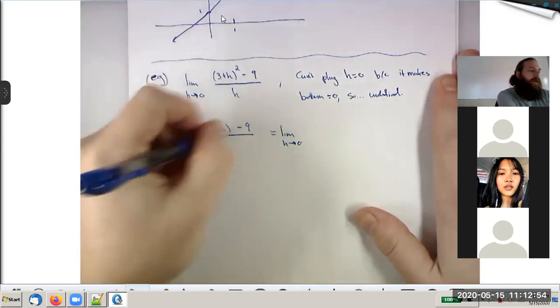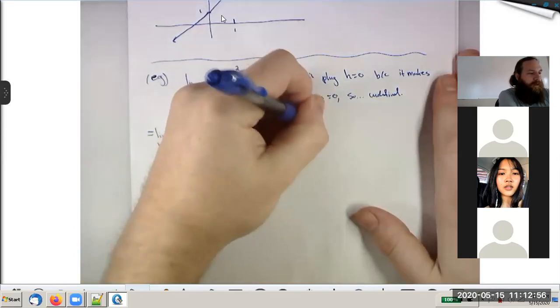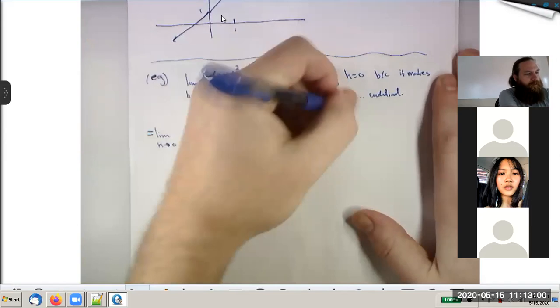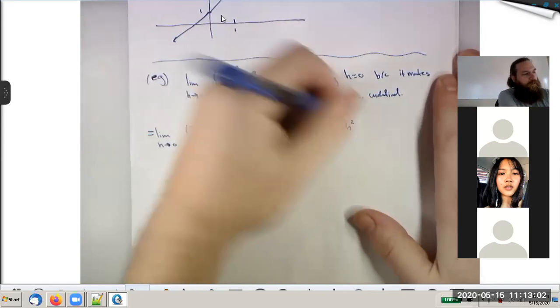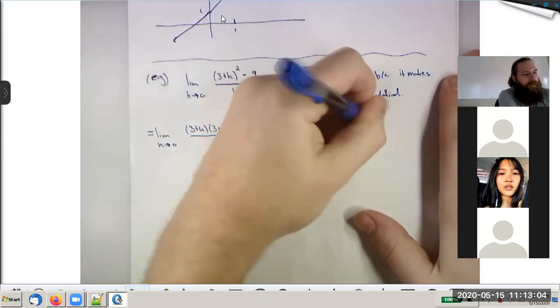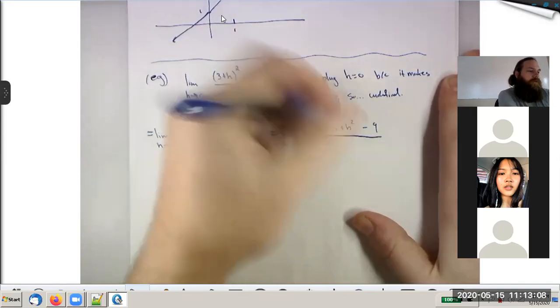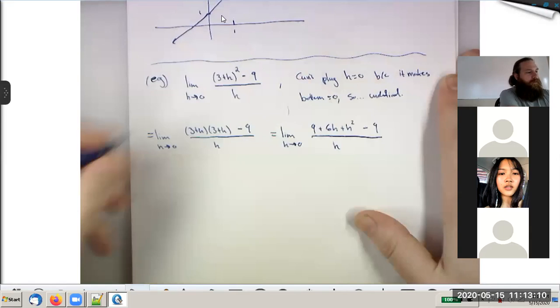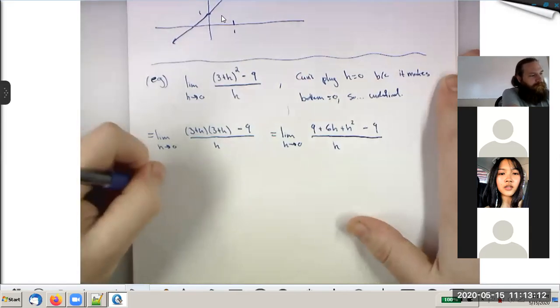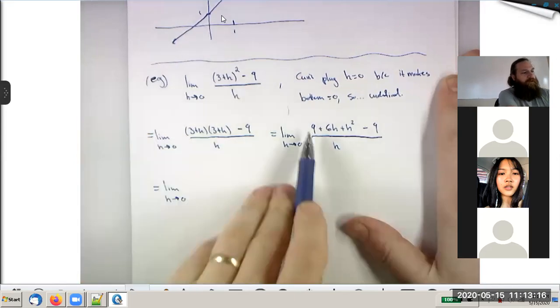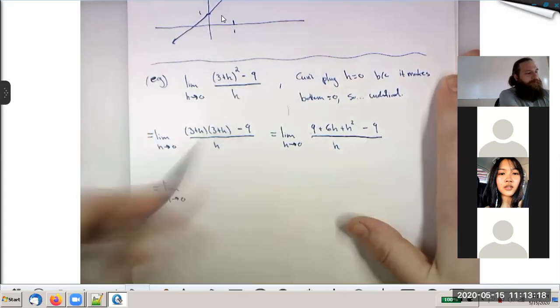Now I'm going to FOIL my 3 plus h times 3 plus h, and I get 9 plus 6h plus h squared. And then that minus 9 is still there. And this is all over h. And notice what happens. Something nice happens. This 9 and this 9 cancel.